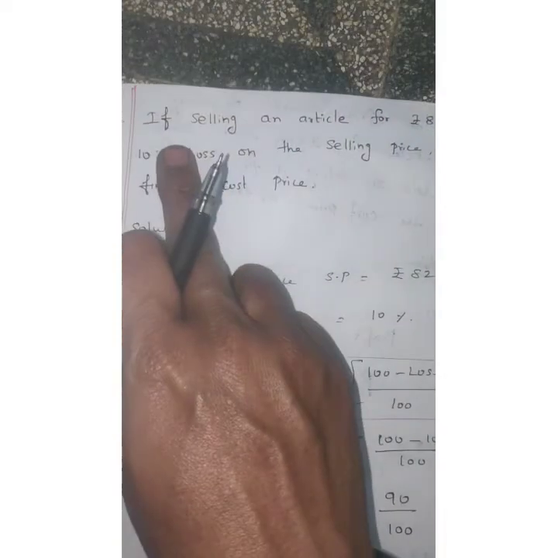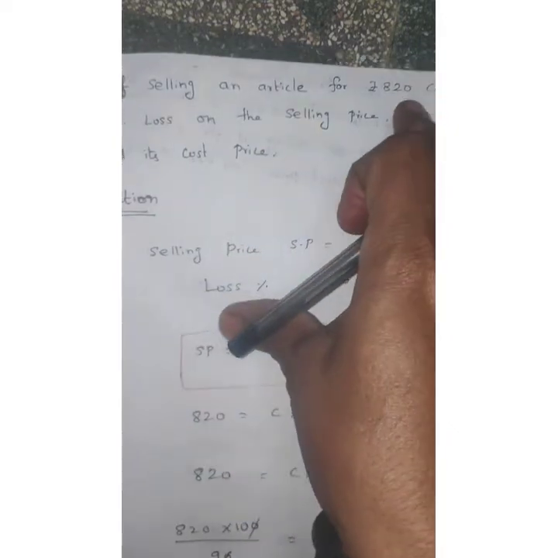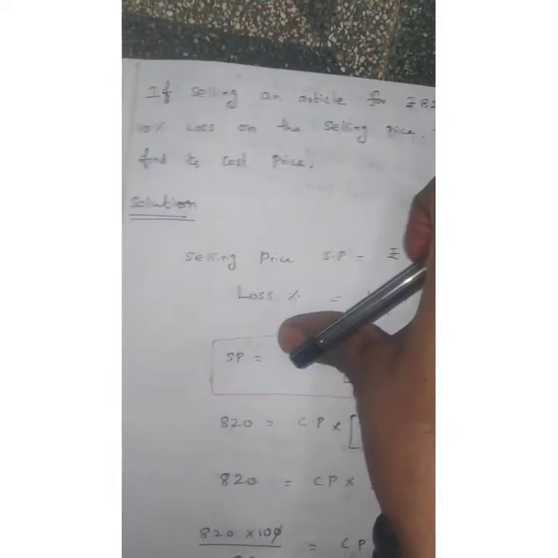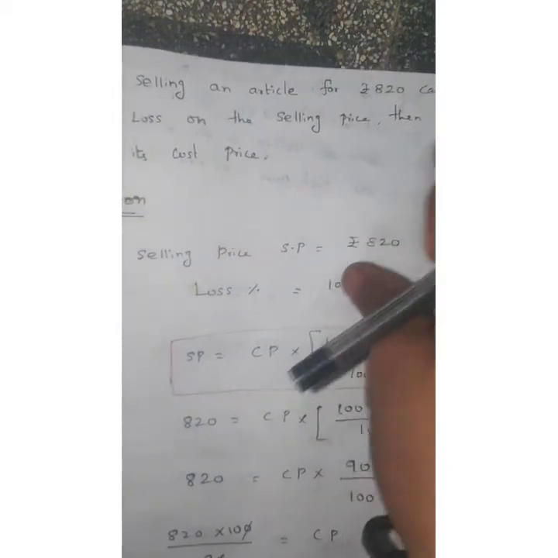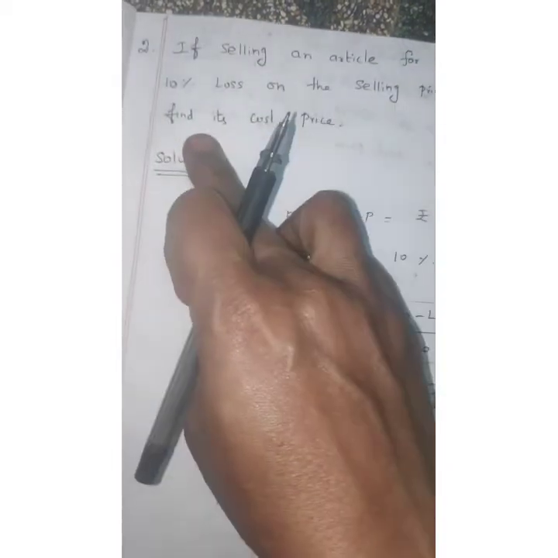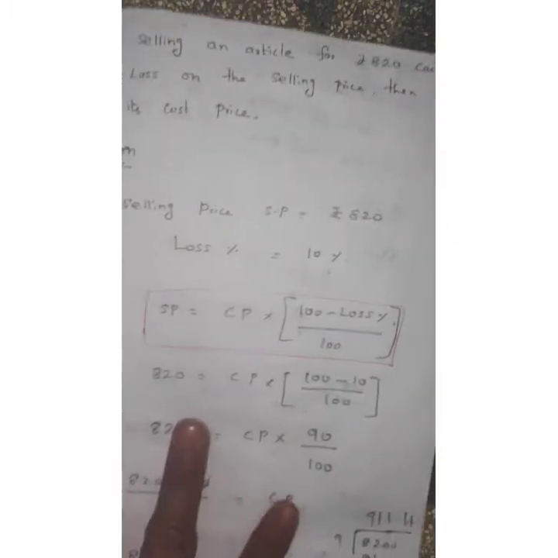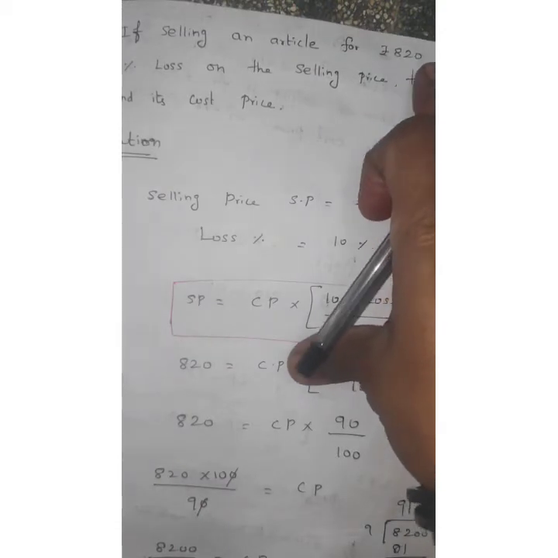Second sum. If selling an article for 820 causes a 10% loss on the selling price, then find its cost price. Selling price SP is given as 820 rupees.